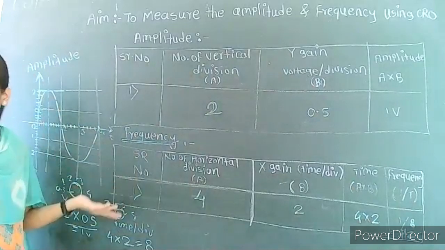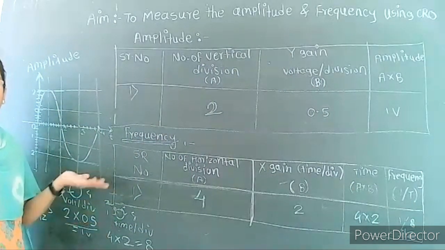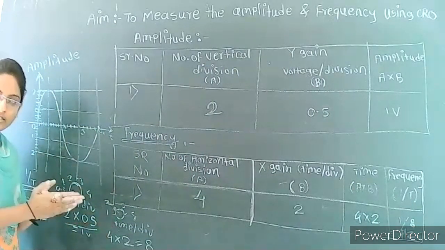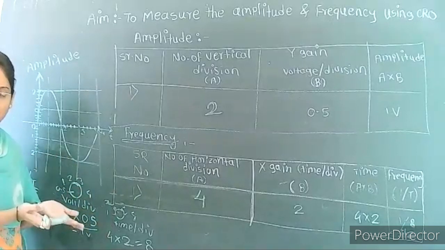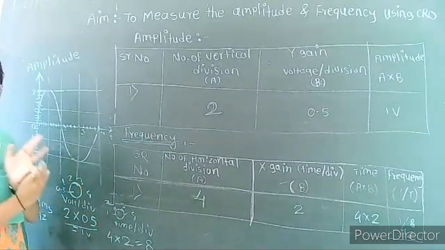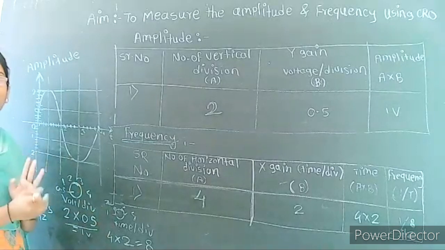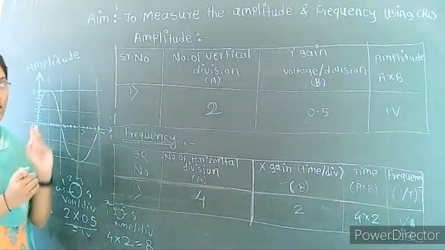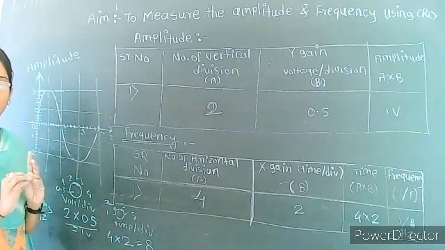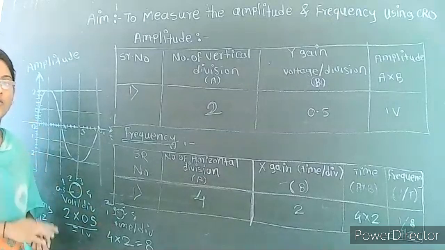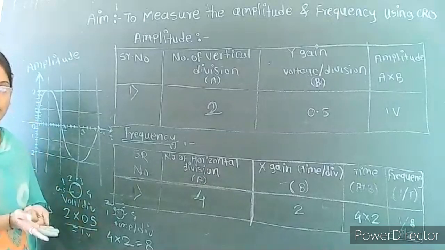So why do we use CRO, or what is the application of this CRO? We use this CRO or DSO in different applications. The major application of this CRO is in medical applications, then in TVs. Why do we use it in medical or in TVs?